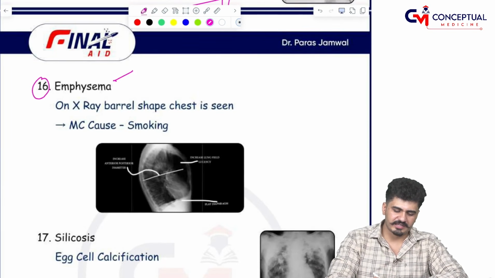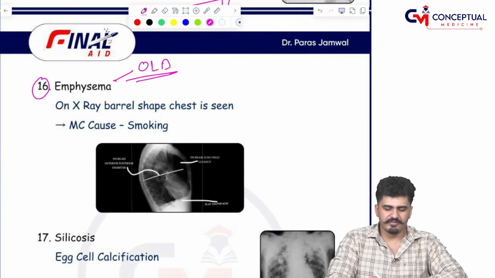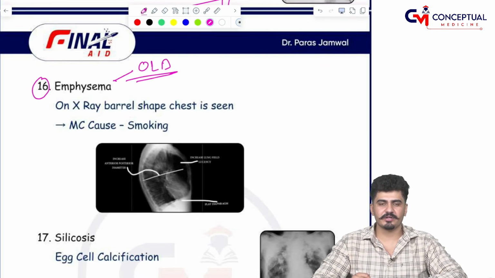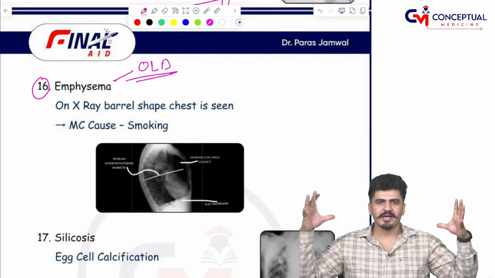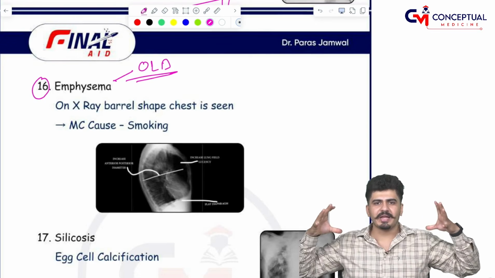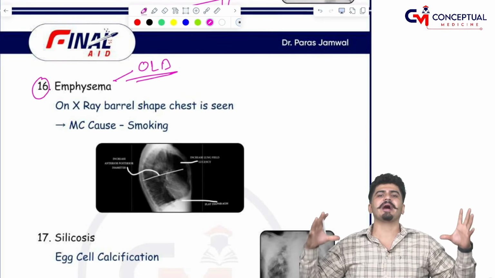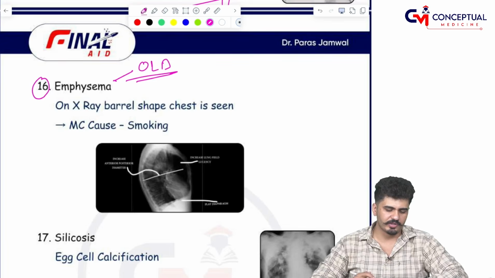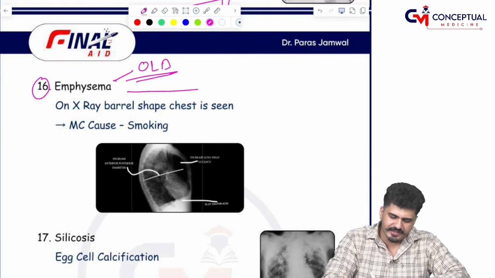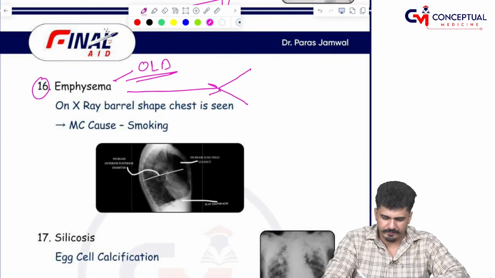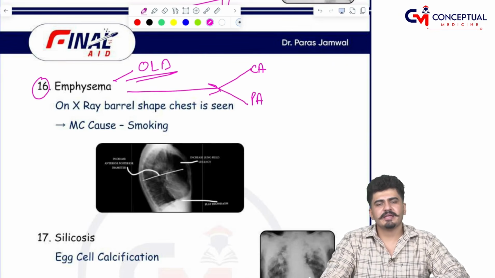Now coming on to the next structure, emphysema. Emphysema is an obstructive lung disease where compliance is increased. Recoil is not. Compliance is there, recoil is not. Because of the compliance, the chest is going to be barrel-shaped. This emphysema is of two types mostly. One is centriacinar, one is panacinar.